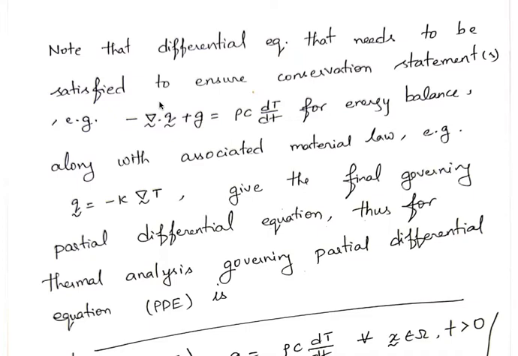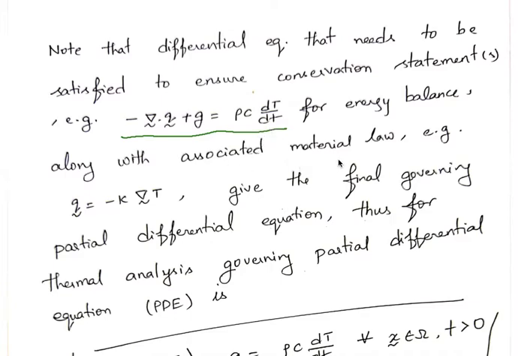One is the conservation law and the second one is the material law. If you look at the thermal problem, then minus divergence of heat flux plus heat generated per unit volume equals density times specific heat times the material time derivative of temperature with respect to time. This is the energy balance statement.